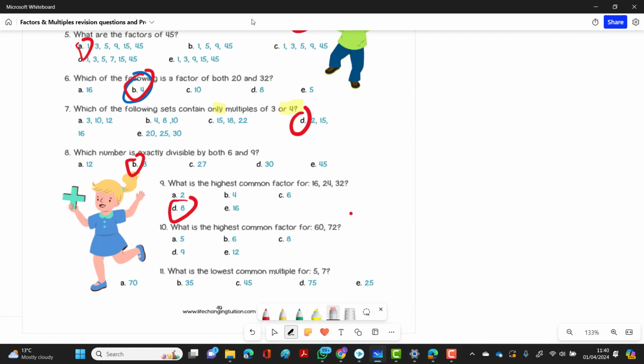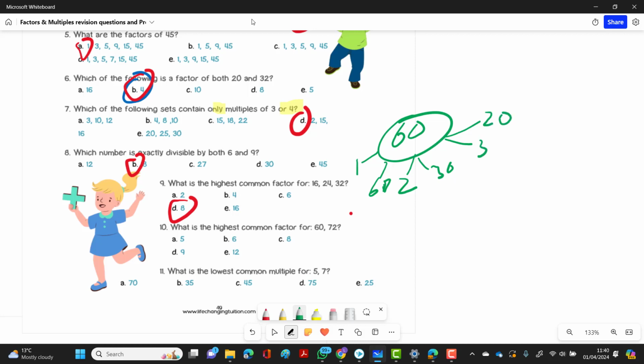What's the highest common factor of 60 and 72? Again, same thing. 60, pairs of factors: 1 and 60, 2 and 30, 3 and 20, 4 and 15, 5 and 12, and 6 and 10.